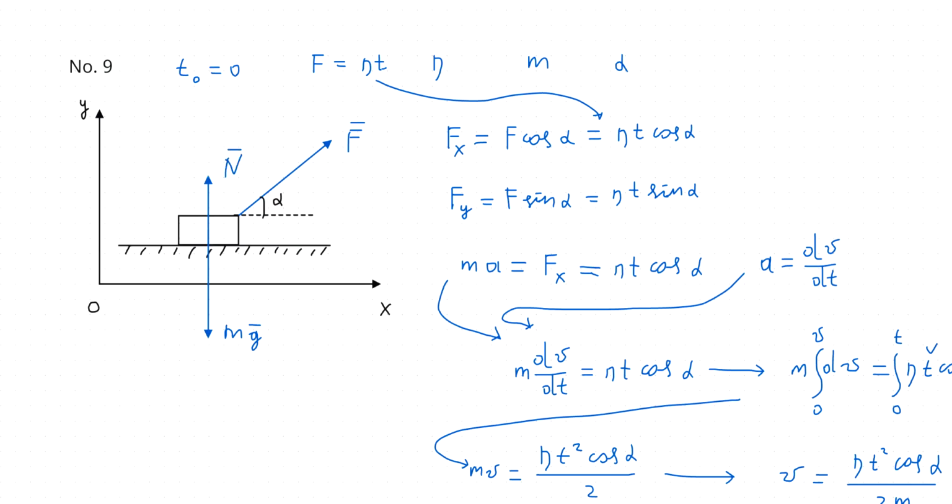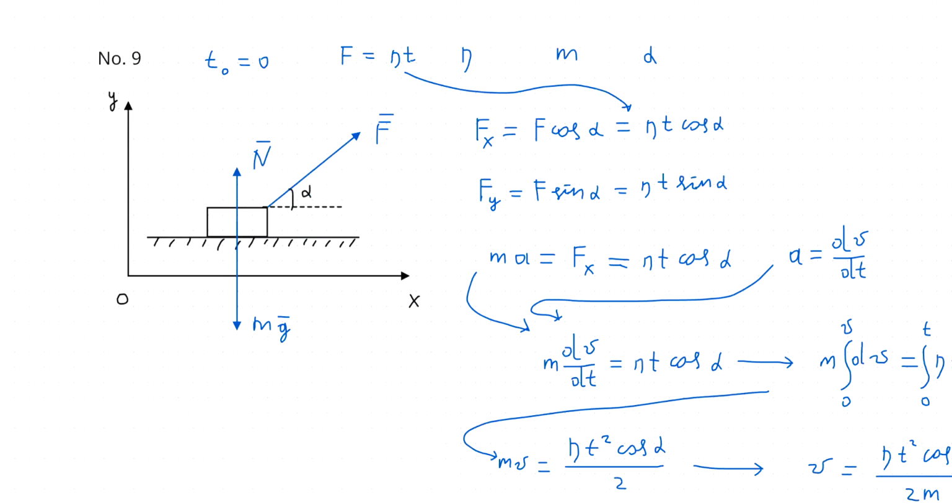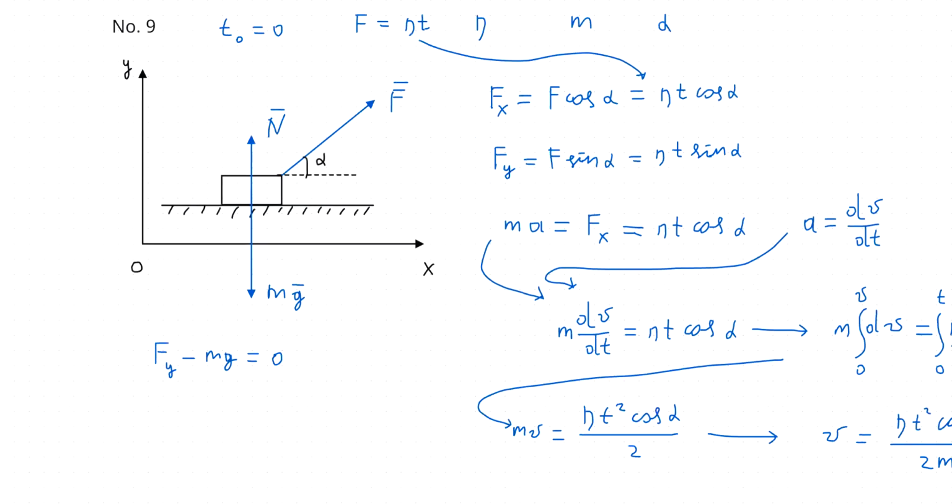But at a moment in time when body is taken off, this normal reaction will be equal to zero, and fy minus mg will be equal to zero at the moment in time when body is taken off. This is condition of taking off.